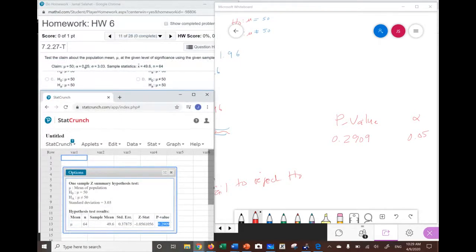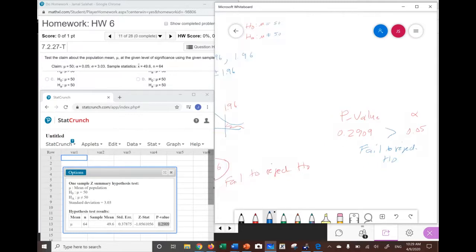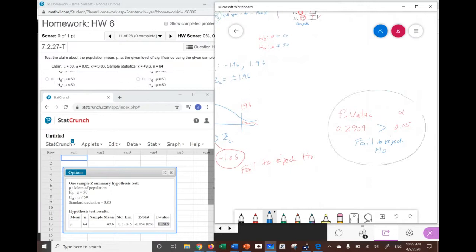Notice that the p-value is bigger than alpha. Now, we know the rule says, which we will use all the time, if the p-value is bigger than alpha, fail to reject H naught. So we're going to fail to reject H naught either way. I prefer this method because it's faster.